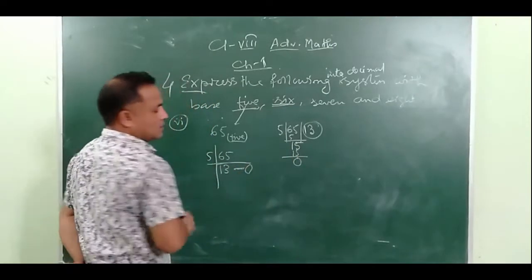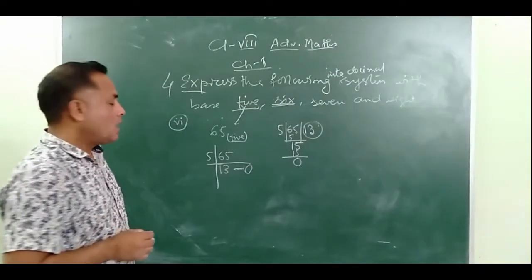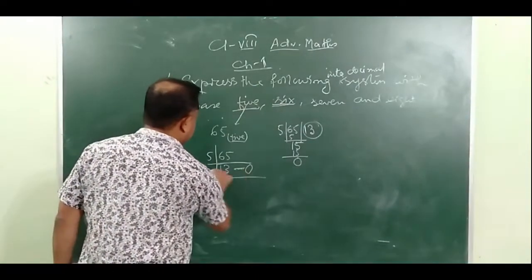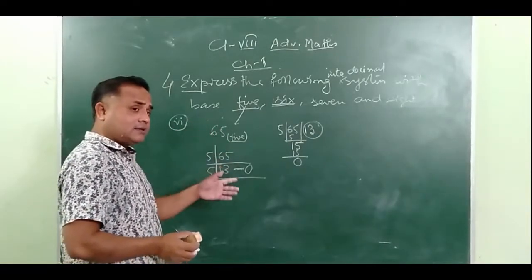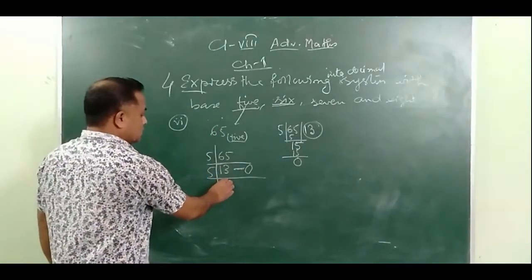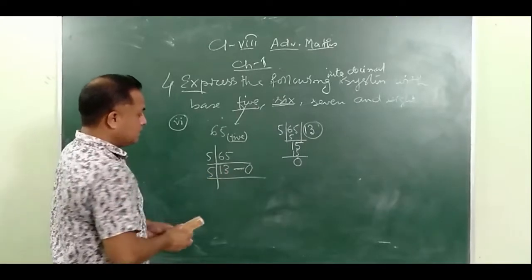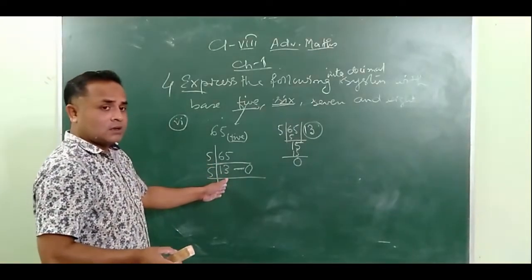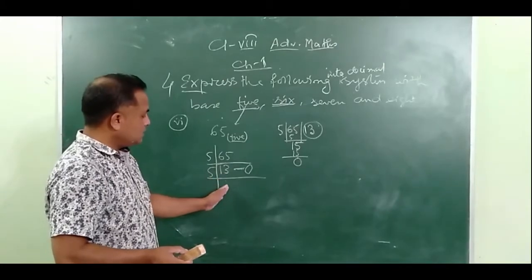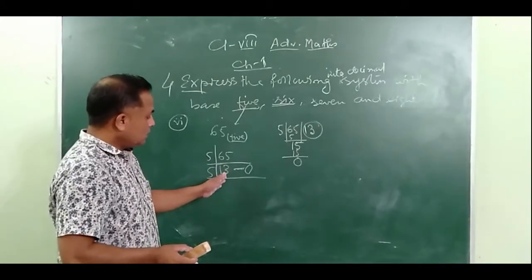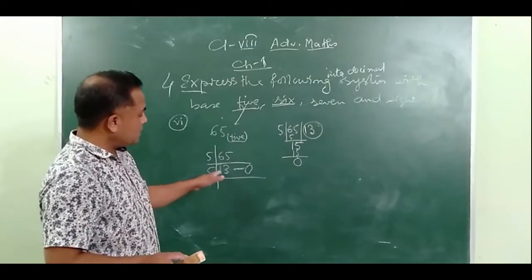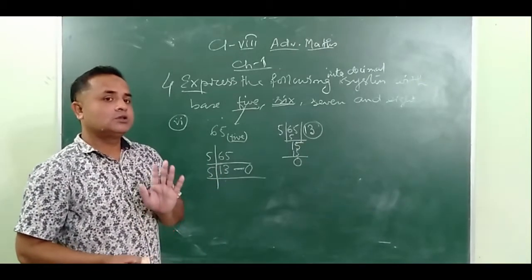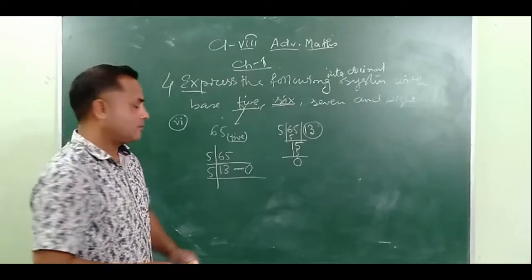This 0 you will write here. Again you will go on dividing until the dividend is less than the divisor. When the dividend is less than the divisor, then you will stop the division.